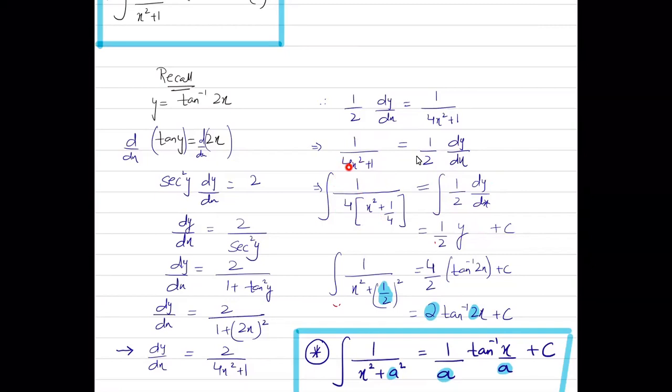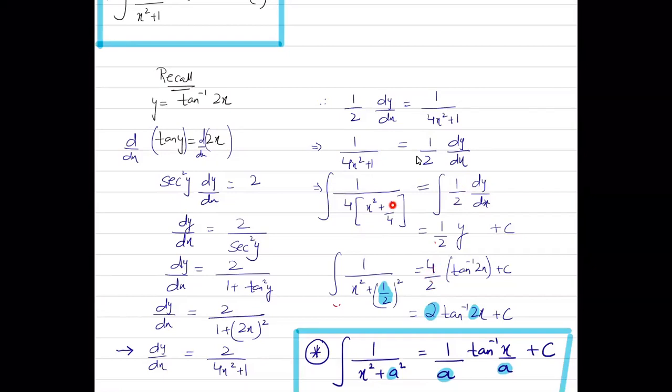Now, I can take 4 common from the denominator. If I take 4 common, I'll have to write 1 upon 4 over here. It is going to be x square plus 1 upon 4. This 4 can go on the other side and multiply with half like this.